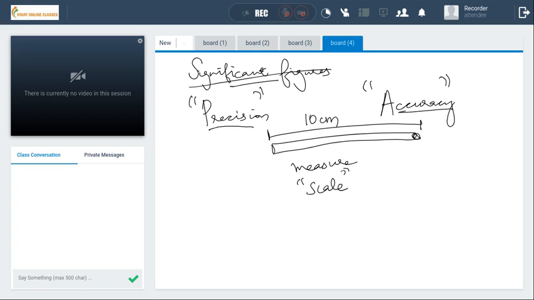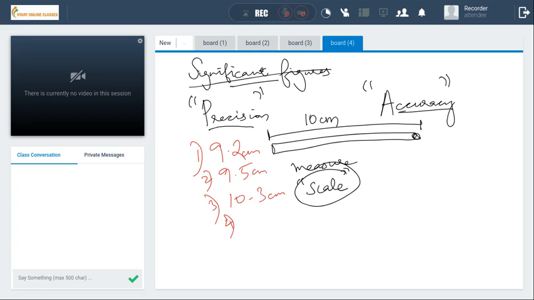Fine, but everyone has a different scale. Since everyone has a different scale, the measurement will be different. One student gets it at 9.2 centimeters. Another student gets it at 9.5 centimeter. Another one 10.3 centimeter, and one gets it at 9.9 centimeter.